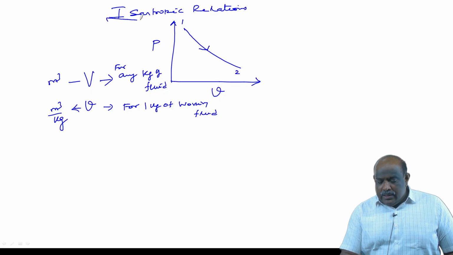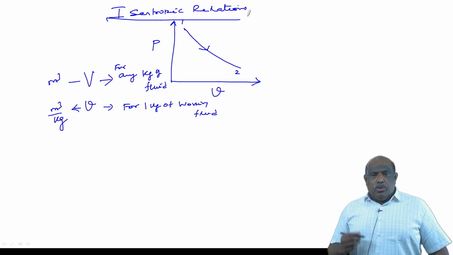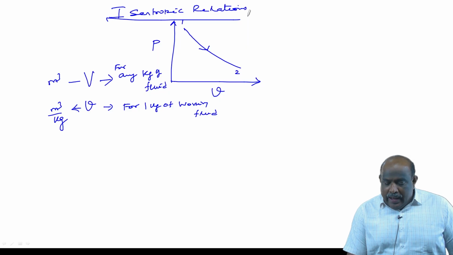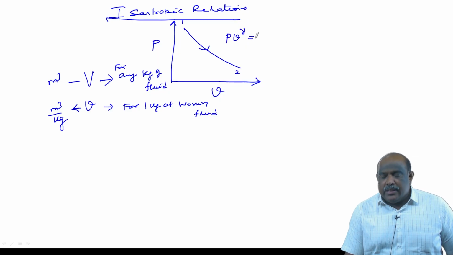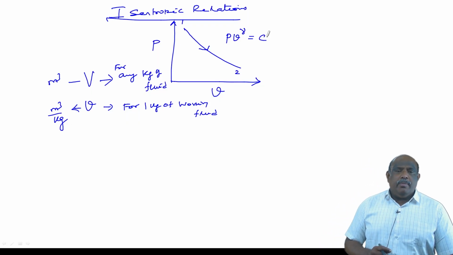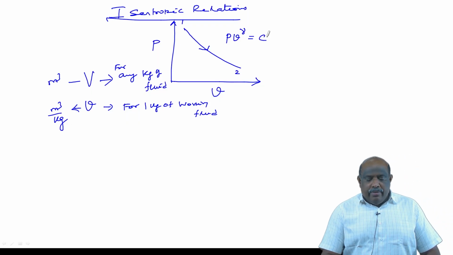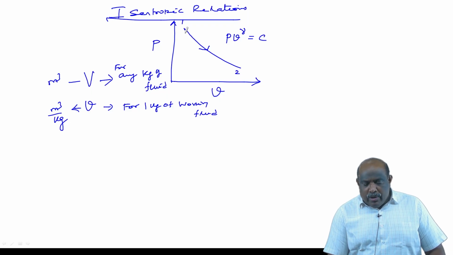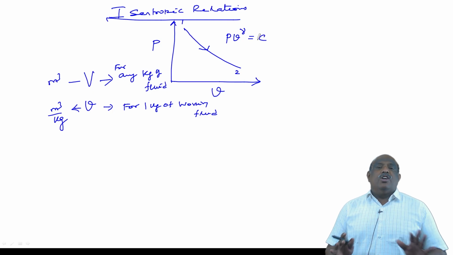Now, if this process 1 to 2 is adiabatic, it is given by PV power gamma equal to constant. What is the meaning of this equation? If I substitute any values between 1 and 2, this value will always be a constant.